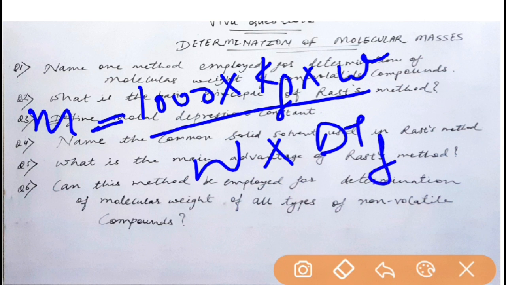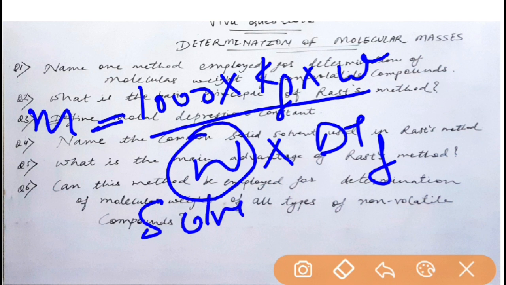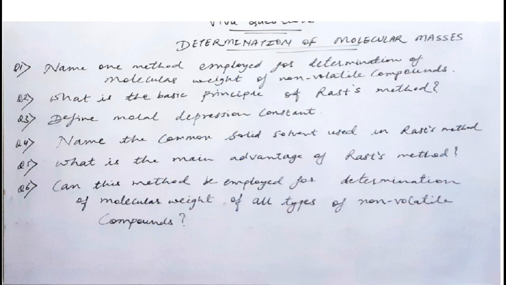Kf here is molar depression constant. We'll also see what we mean by molar depression constant. The small w stands for weight of the solute which you are taking, and capital W stands for weight of the solvent which has been taken. As far as delta Tf is concerned, it is the observed depression in freezing point.